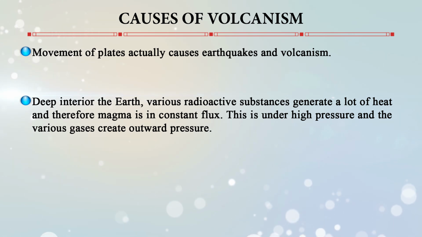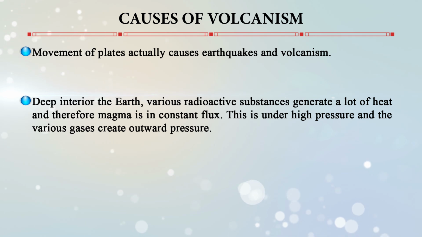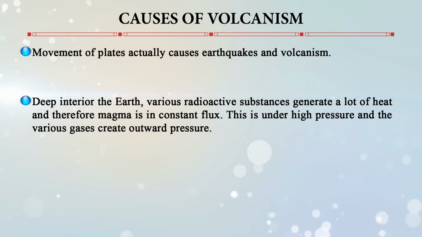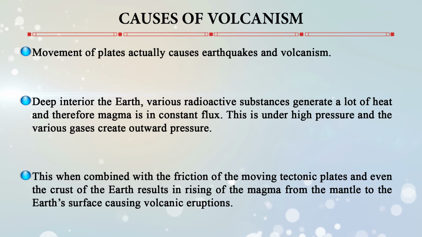So essentially it is the radioactive heat which results in melting of the rocks. This, when combined with the friction of the moving tectonic plate and even the crust of the earth, results in rising of magma from the mantle to the earth's surface, causing volcanic eruption. So essentially the plate tectonics is responsible for this.